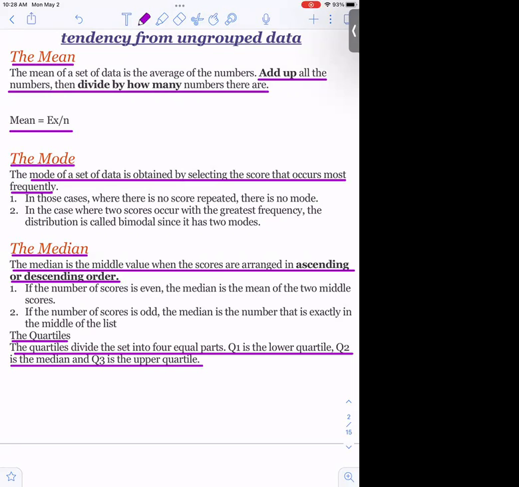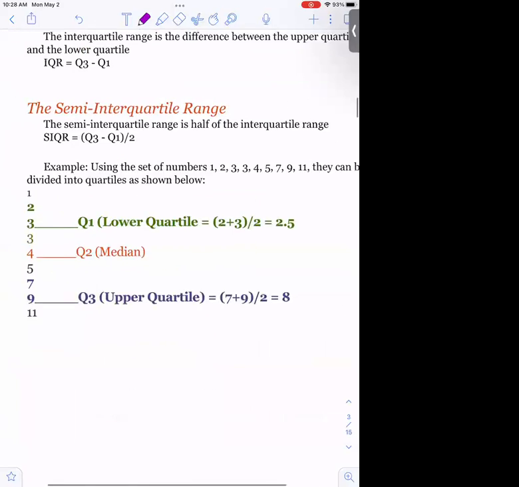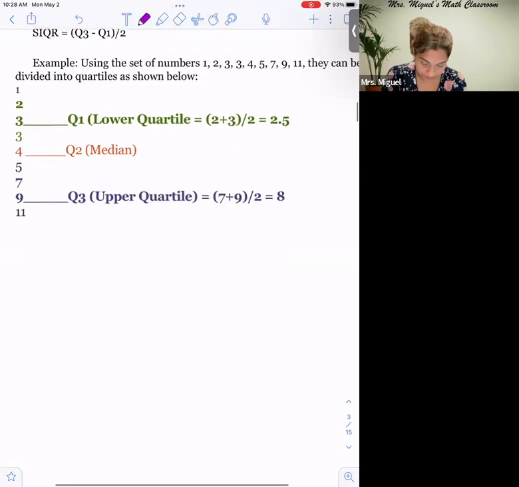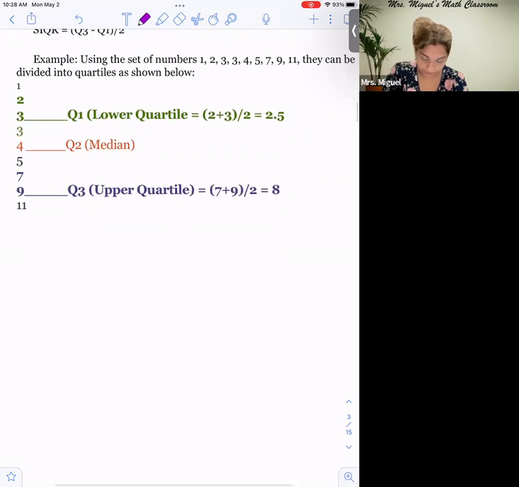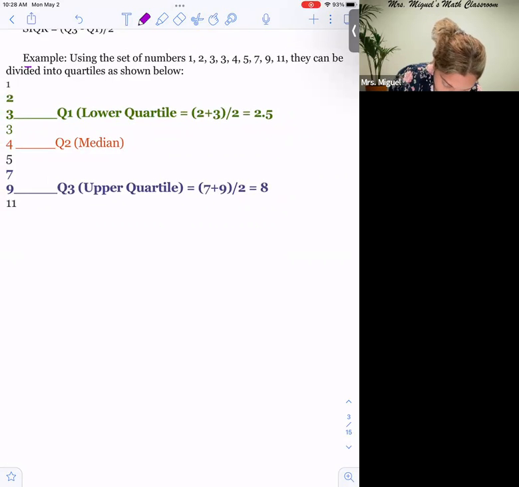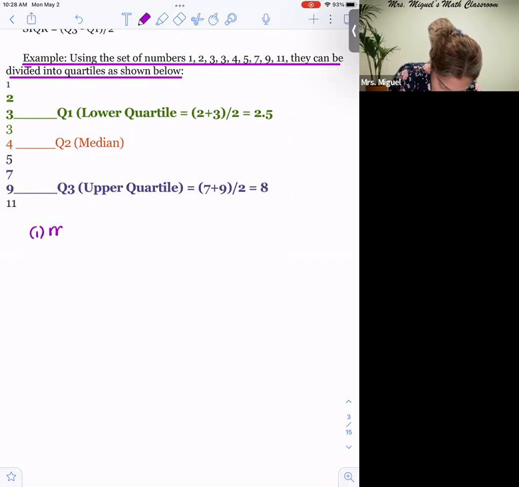Yes, miss. All right, so I want you to take down this question for me. I want you to find the mean, the median, and the mode. Go ahead.